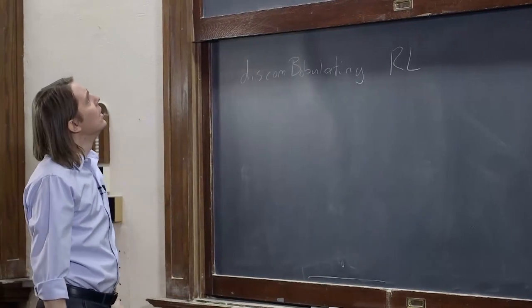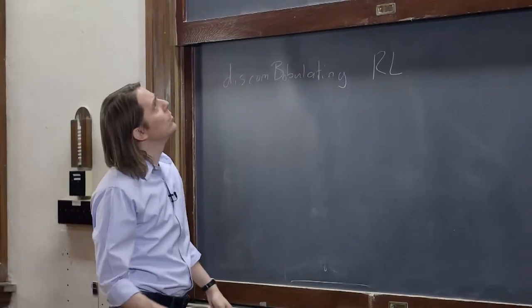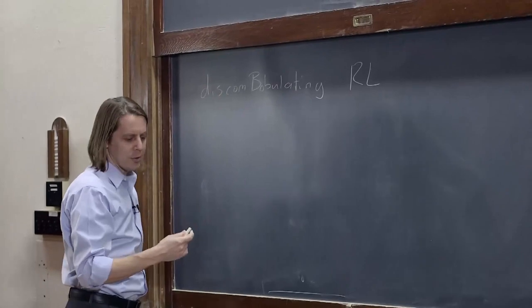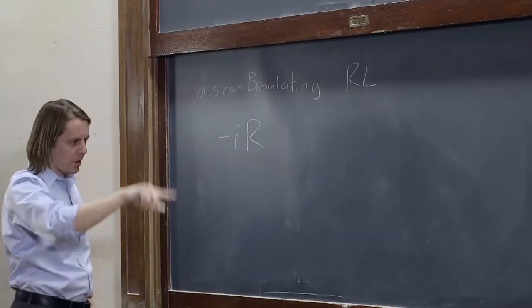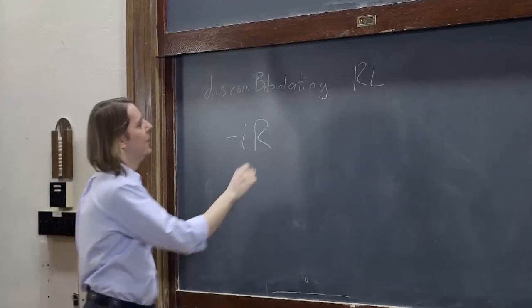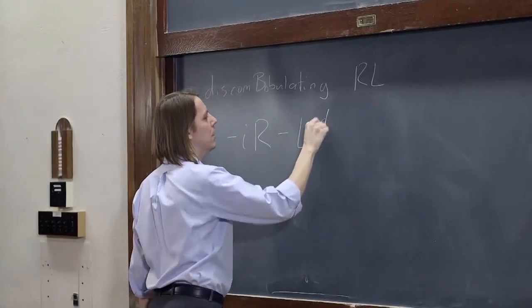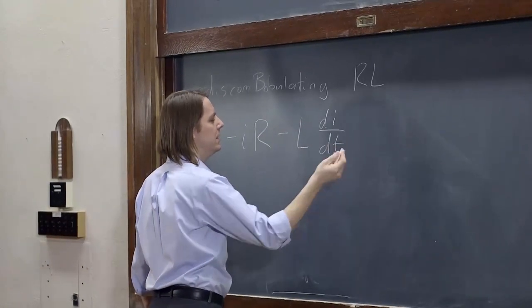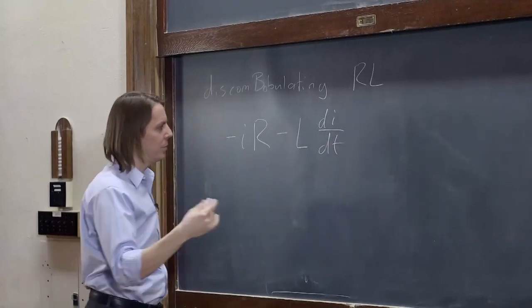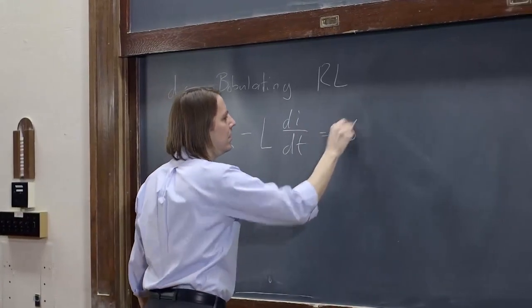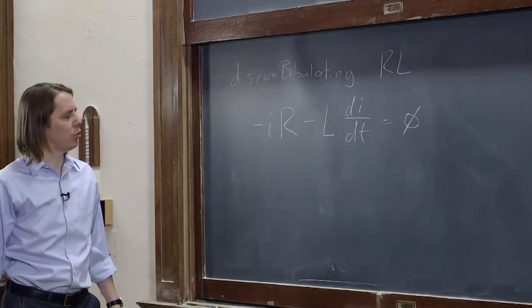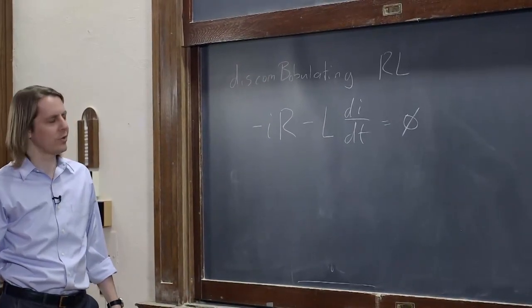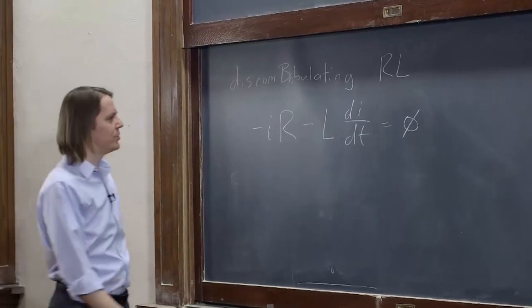So there you go. Okay, so to discombobulate it, we're going to apply the Kirchhoff rule, like we just said. We're going to say minus IR because we're going clockwise around the loop, and minus L dI/dt because we know that's what an inductor does. It has a back EMF, equals 0. And now we're back to our differential equation tricks that do not require substitutions.